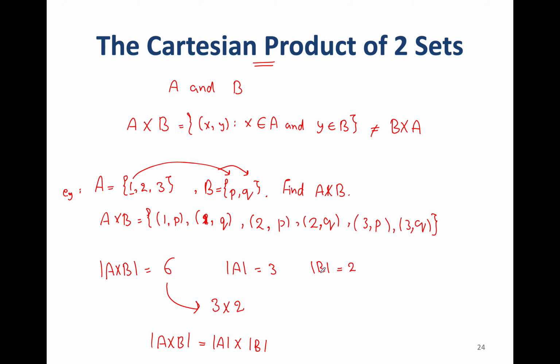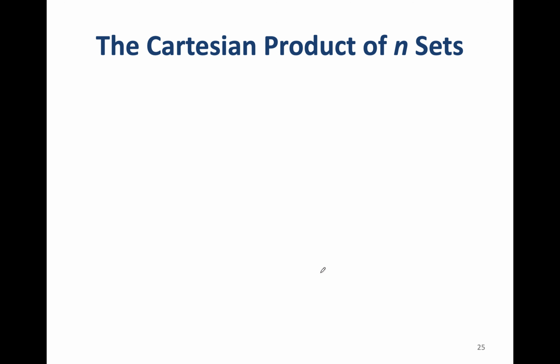So the Cartesian product is not only for two sets, it might be with n sets.